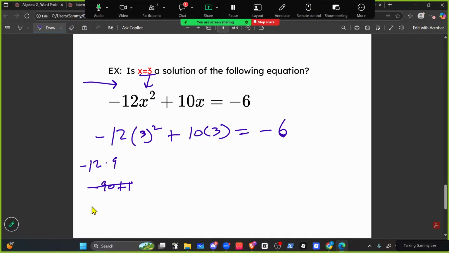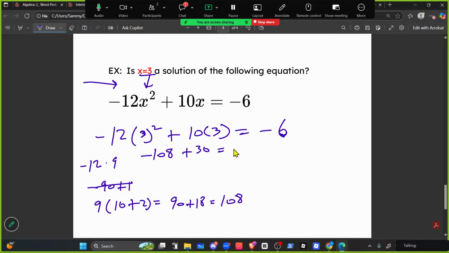You can break that up into 9 times 10 plus 2, which is 90 plus 18, which is 108. So it's going to be negative 108 plus 30, because 10 times 3 is 30, and negative 6. And negative 108 plus 30, what is that?